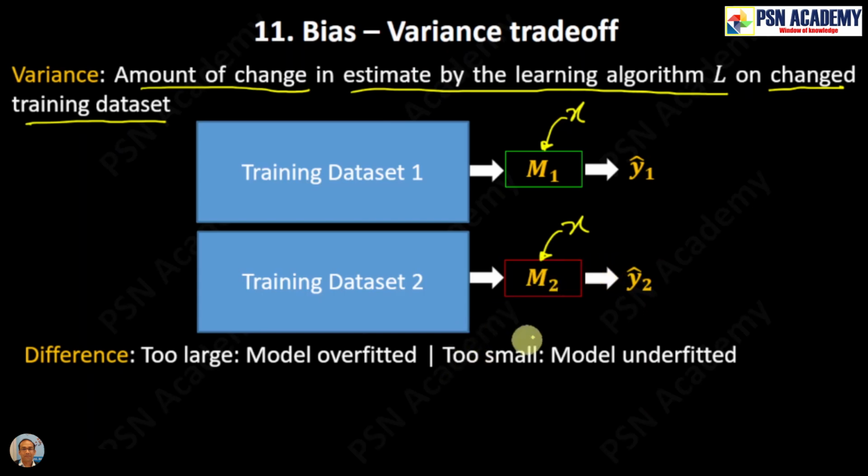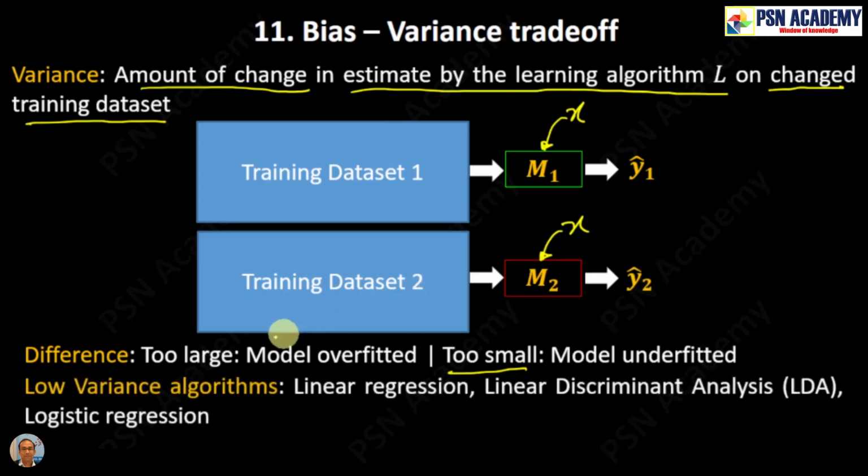And if the difference between this y1 hat and y2 hat is small, then you say that the model has underfitted. That means M1 and M2 have generalized so much that when you change the training dataset, y1 hat is still very, very close to y2 hat. That means it cannot differentiate between dataset 1 and dataset 2. And we say in this case that the model has underfitted.